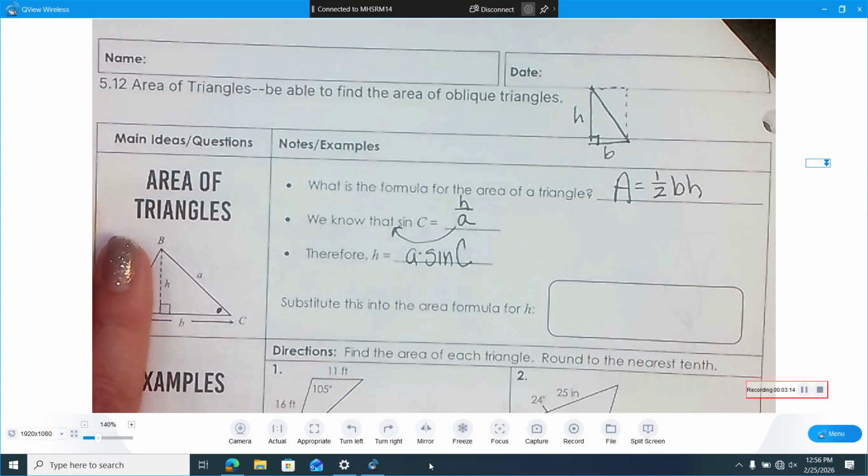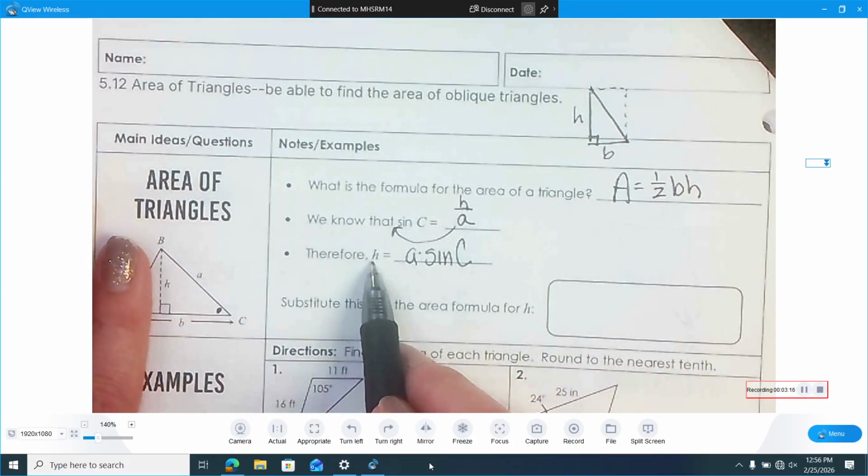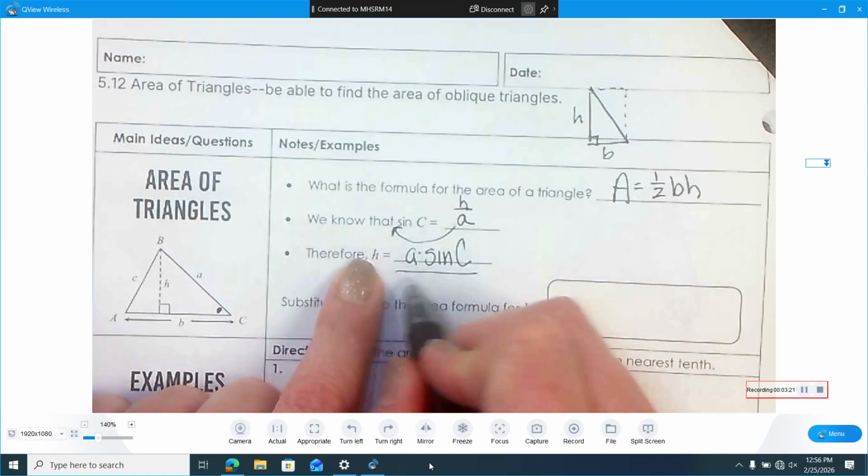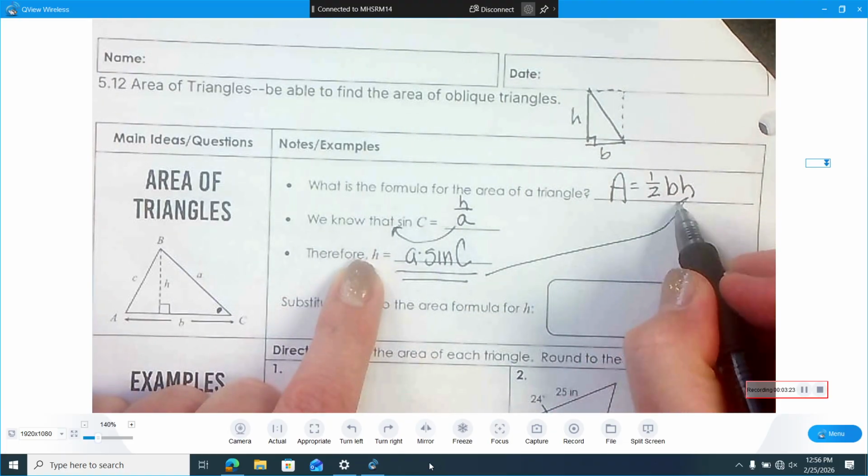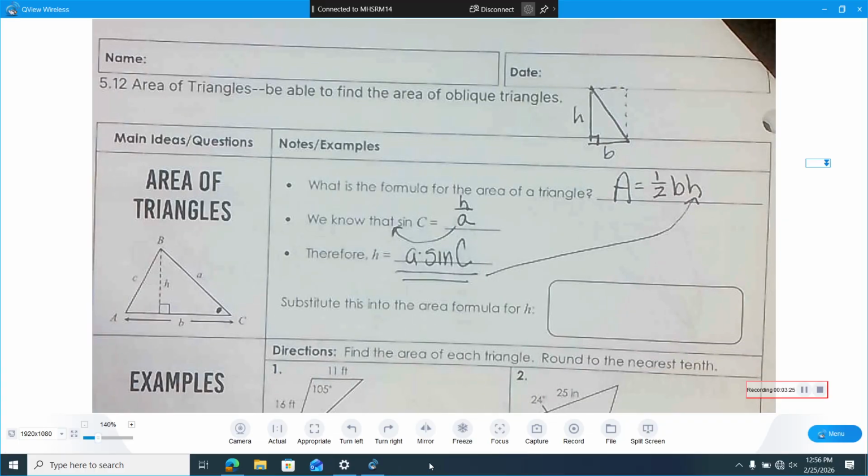And so what I can do then is say, hey, if I know a different way to get the height of my triangle, then I can take this information and plug it right in place of h.